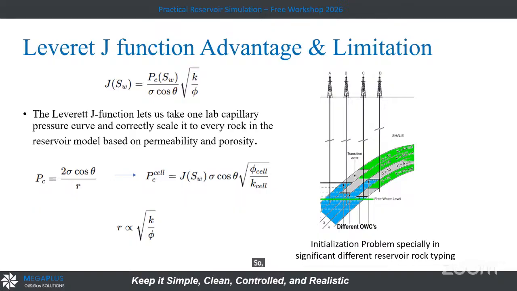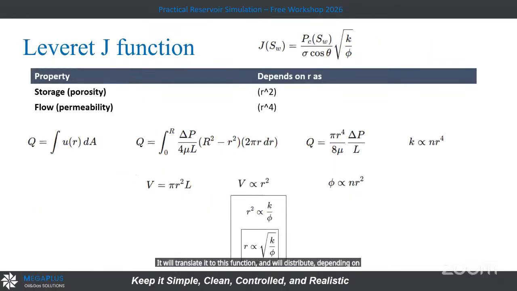The rule of capillary pressure is equal to 2 times the surface tension, multiplied by cosine theta, which represents the wettability, divided by the pore throat radius. In the model, they don't have the terminology of pore throat. The model knows the permeability and porosity, so he converted the radius to permeability and porosity. When I insert the capillary pressure, it will translate it to this function and distribute depending on it.